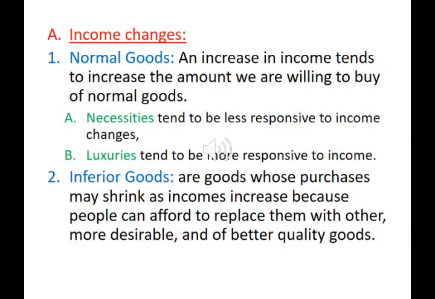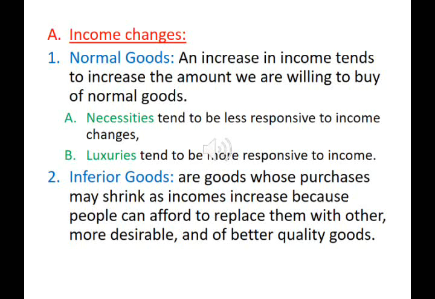One of the most important factors that cause shifts in the demand curve is changes in the income level of the consumer. Here we have to differentiate between two types of commodities. We have either normal goods.